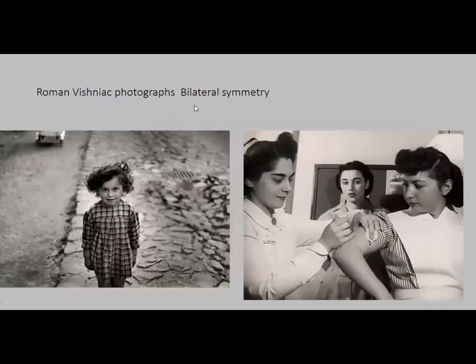So this Roman Vishniac photograph, both of these, they're more or less bilateral symmetry because there's somebody in the middle. There are these two women on the left and the right, and there's an equal amount of white on the left and the right, but there are discrepancies.